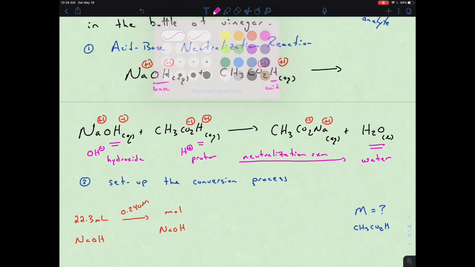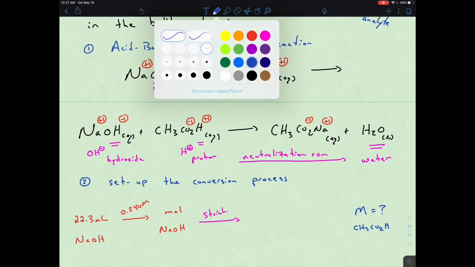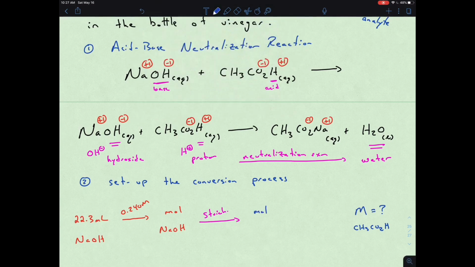Once we're there, we can then, using our stoichiometry from the reaction above, get to moles of the acetic acid. And then, because we know that we're in 50 milliliters, that allows us to get to our concentration. So this is our final step.